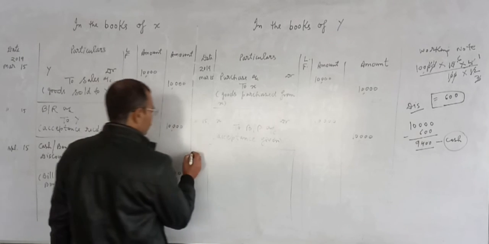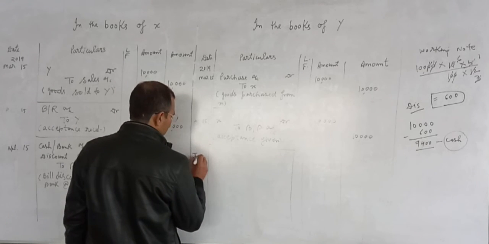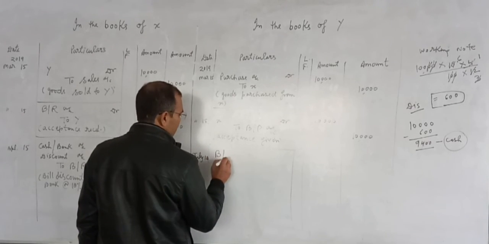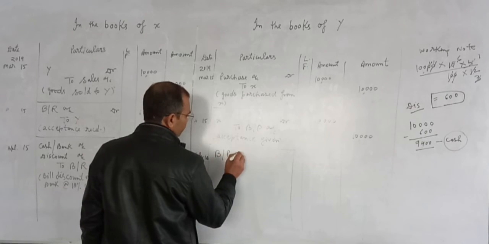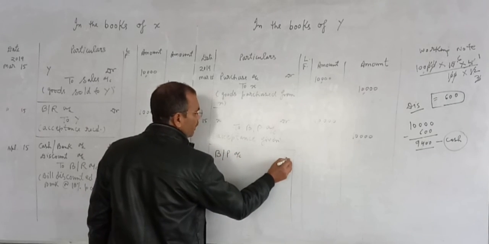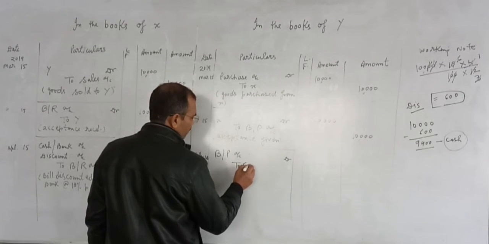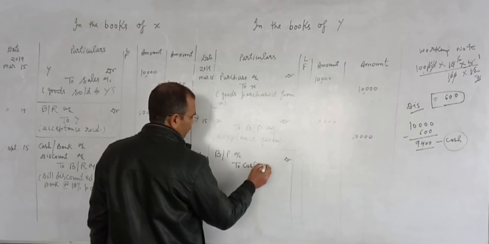So we will write here July 18, and Y will get his BP account debit, and the amount will be paid.